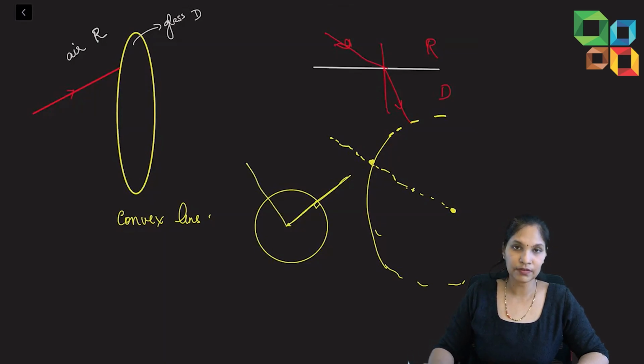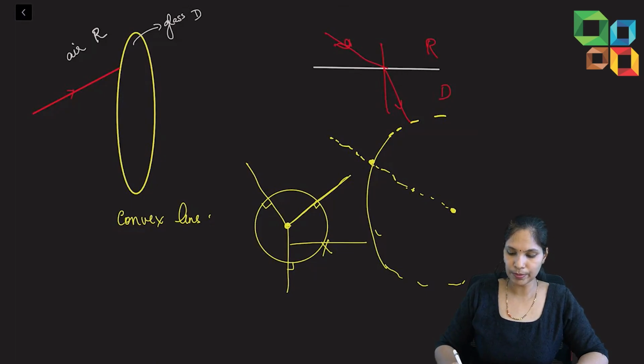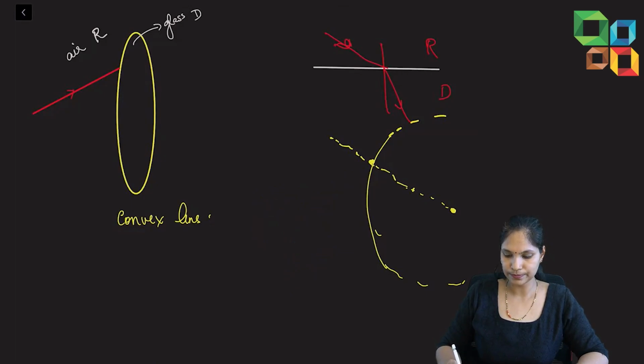If you take a line anywhere like this will be perpendicular to the surface. But if you take a line like this, then this is not a perpendicular. So any line which comes from the center and passes the surface, it will be perpendicular to the surface at that point.